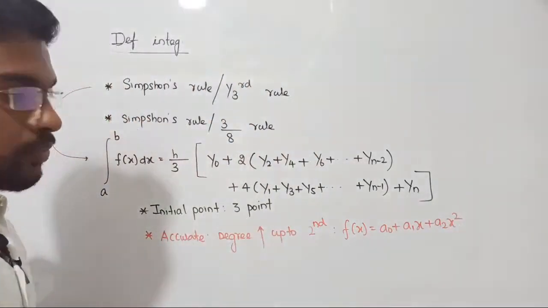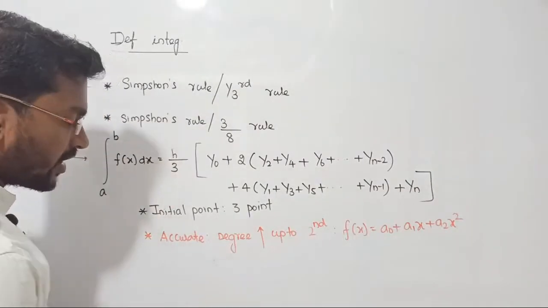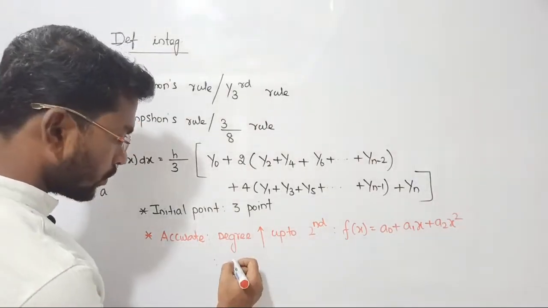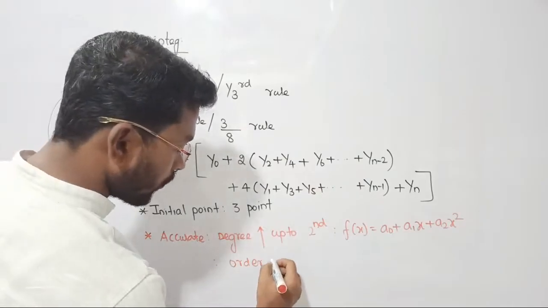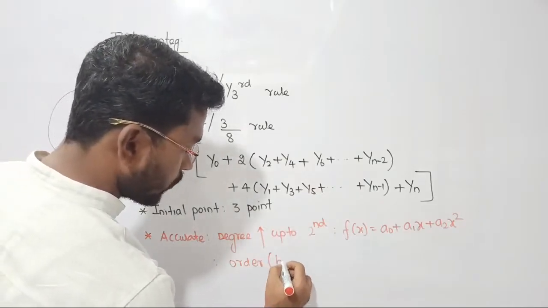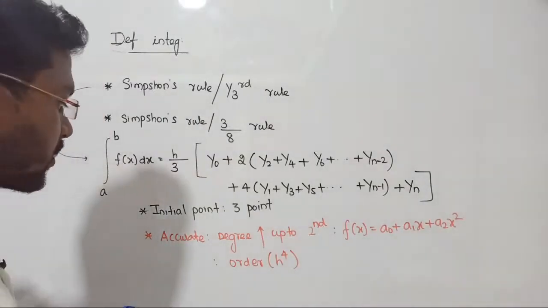Clear? That is a second degree polynomial equation. Next, what about its result? You can raise the order up to fourth order, with the step size of h to the power 4. It will give you the exact result. Clear? I hope things are clear to you all.